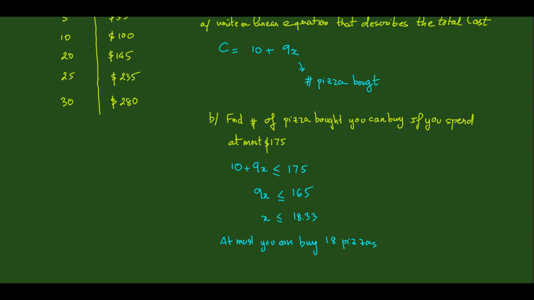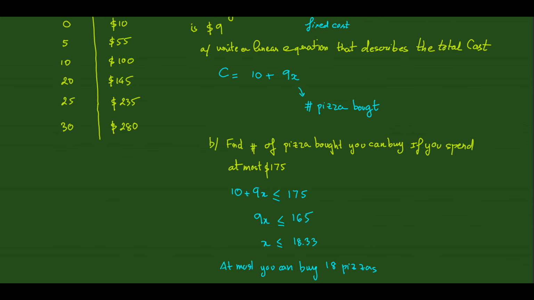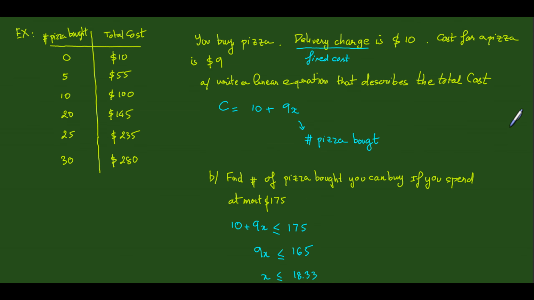All right. So I'm gonna stop right over here, but maybe some of the students will ask me, what is the point of this table? The thing is that in my question, I give you the cost for the pizza is 9. Okay.